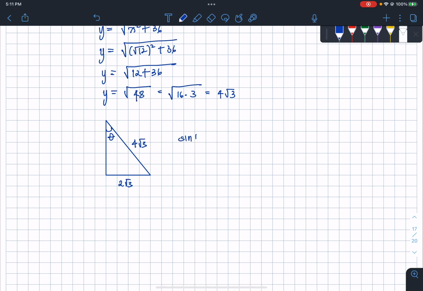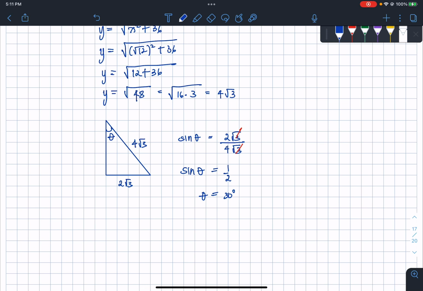So sine theta would be opposite, 2 square root of 3, and the other one is 4 square root of 3. So sine theta is equal to 2/4. So the square root of 3 cancels. So 2/4 is 1/2. So theta then is 30 degrees. So that would be the direction.